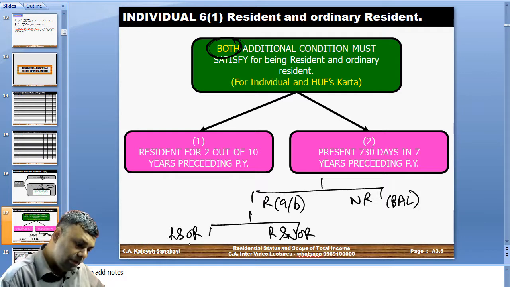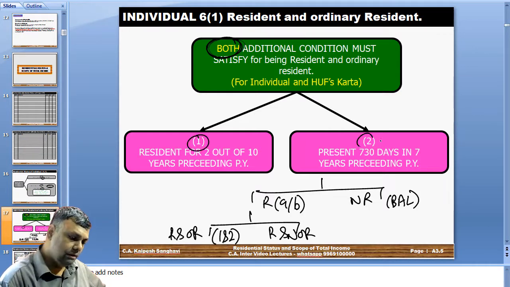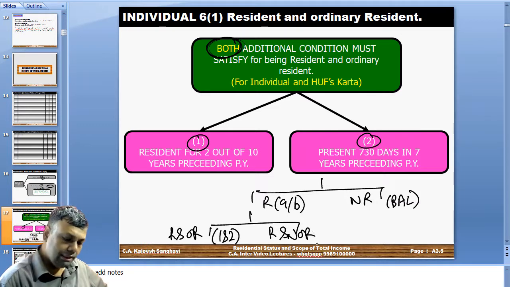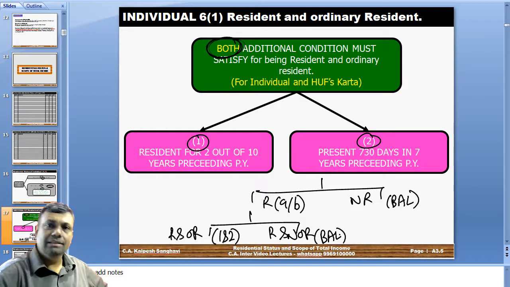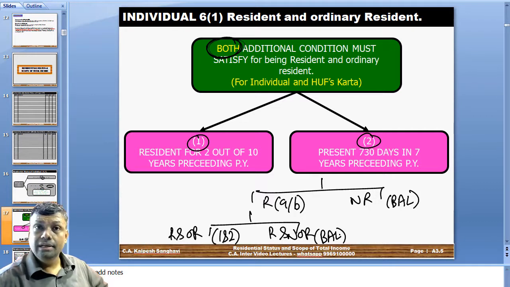In order to be resident and ordinarily resident, you have to satisfy 1 and 2. And resident and not ordinarily resident is like a balancing situation. That means if you are not ordinarily resident, then you are not ordinarily resident. So no special conditions with respect to resident and not ordinarily resident. For that you don't require those special conditions.